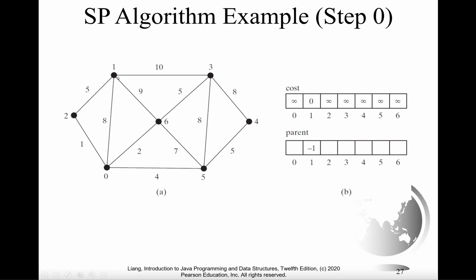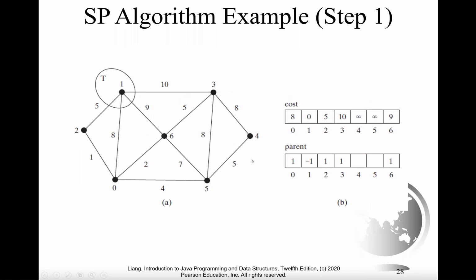Which one we're going to bring to T? So this is going to be this 1. So 1 is in T. And after this, we're going to update the neighbors, the cost. So 2 is now becoming 5, 0 is 8, 6 is 9, and 3 is 10. All right, so of all of this, the smallest is 2.